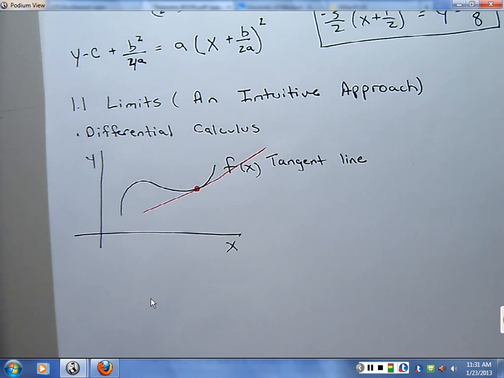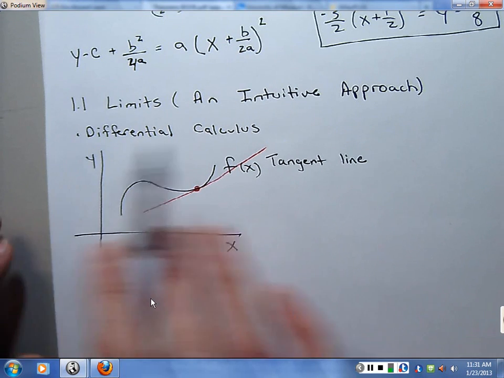So it's like I traveled this far in this amount of time, I have my velocity. But now using calculus we can say at this moment in time I'm going X miles per hour. Various different applications to this. So this is differential calculus.